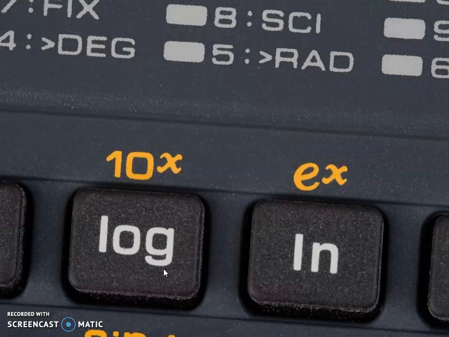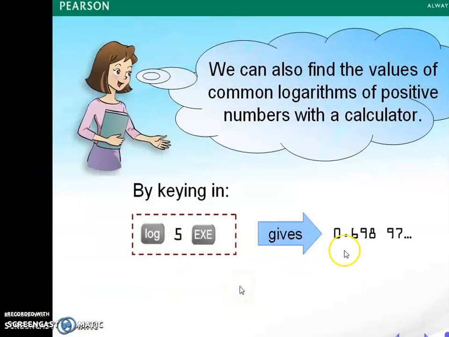We derive the value from this calculator, that is 0.69897. We consider approximately 4 digits in the answer to derive the value of the logarithm. So that's why we can also find the values of the common logarithm of a positive number with a calculator.